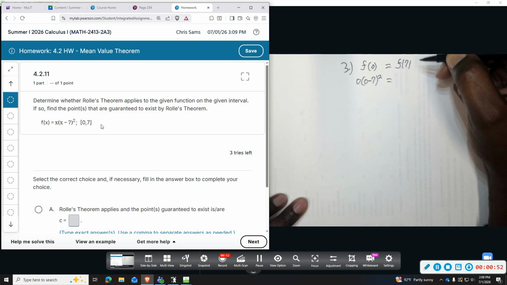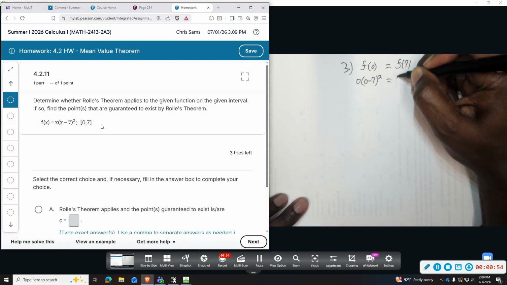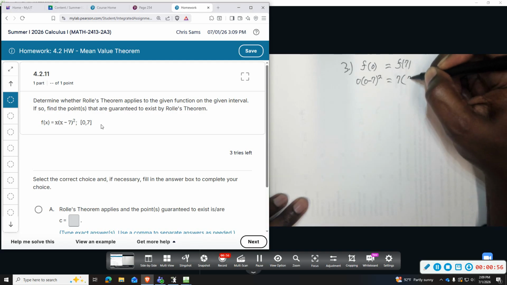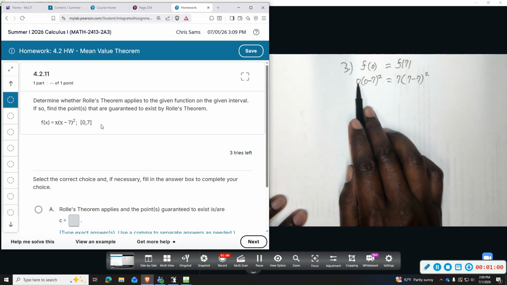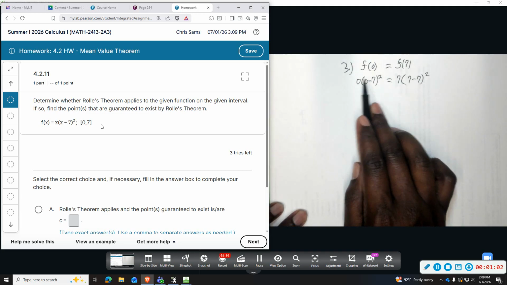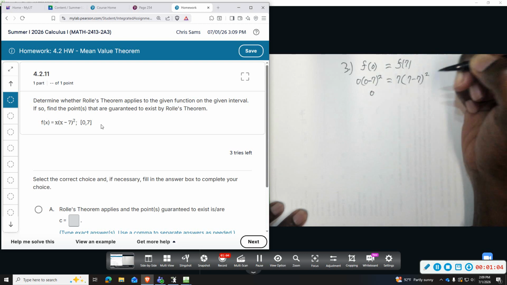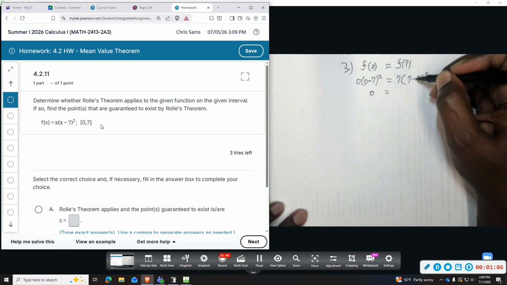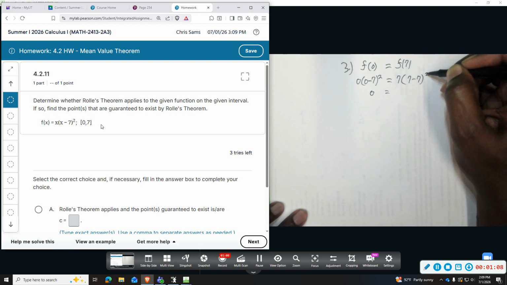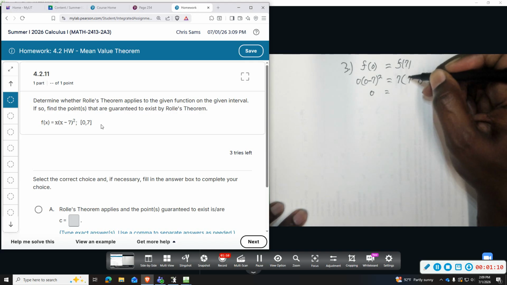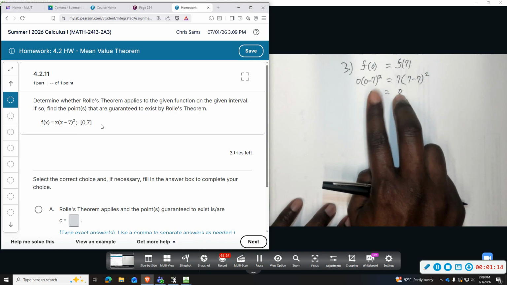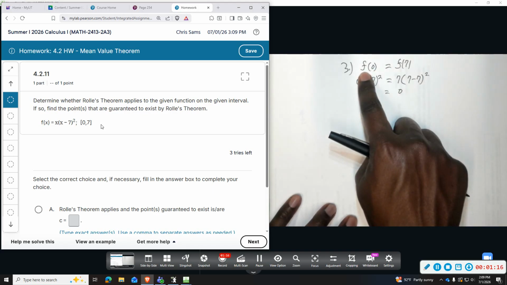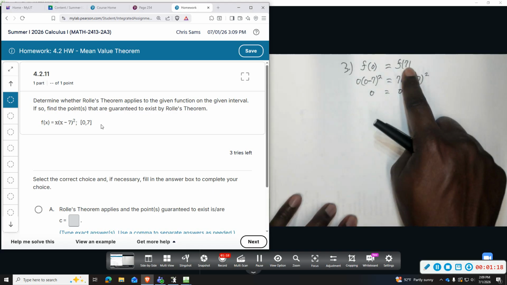We're setting that equal to 7 times (7 minus 7) squared. It doesn't matter what happens here, 0 times anything is going to give us 0 for that y value, and then 7 minus 7 is 0, so even when I square it, we get 0, and so we get both being 0. So Rolle's theorem is satisfied in the fact that f of a is equal to f of b.